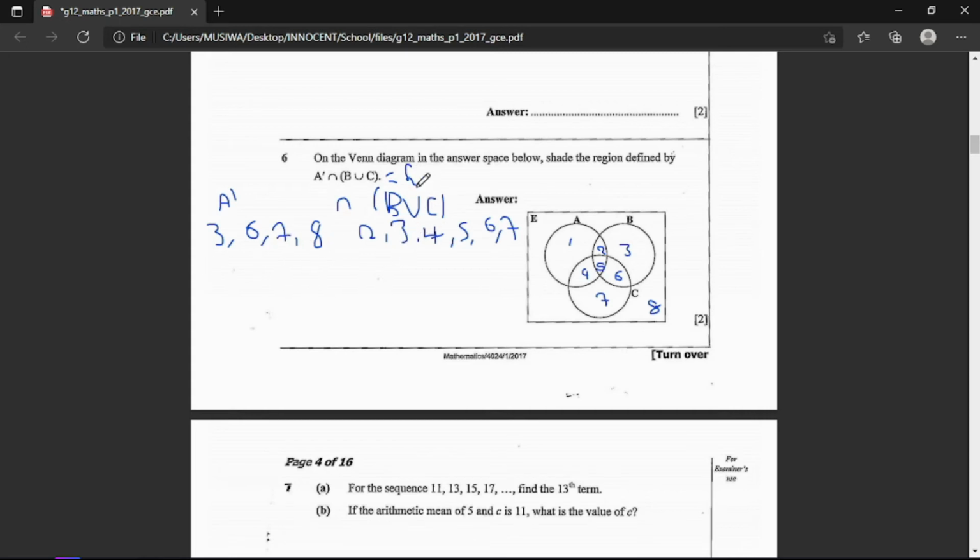I've got 3. Oh, sorry, my 4 does not appear on that side, sorry, mistake. So 3 is here. 6 appears on both sides, and 7 appears on both sides. So I'm just going to shade where I've got 3, 6, and 7.